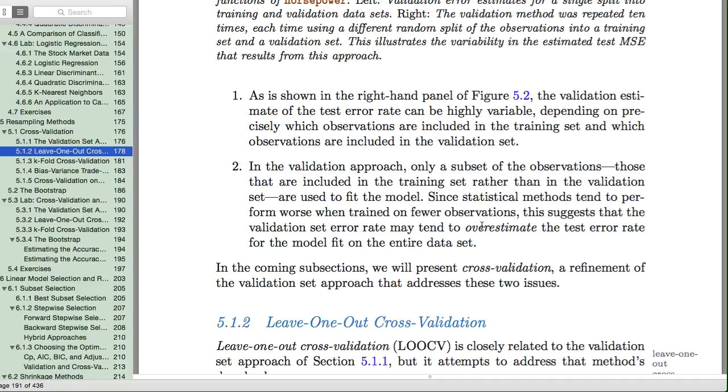Also, it's likely to be an overestimate because what we've done is used a subset of the observations that we have. So we can expect that any methods that we use will perform worse in general the fewer observations they're trained on. So the fewer observations we train on, the higher the error rate.